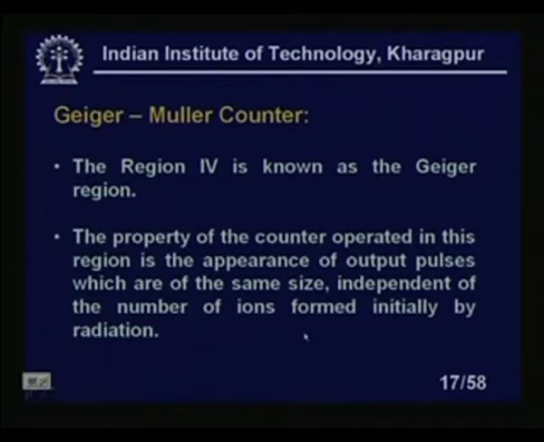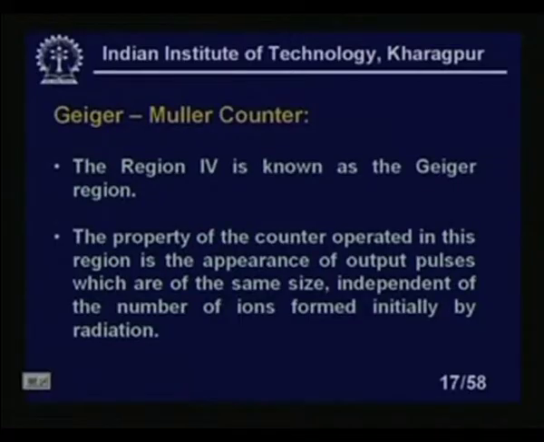The property of the counter operated in this region is the appearance of output pulses which are of the same size and independent of the number of ions formed initially by the radiation.